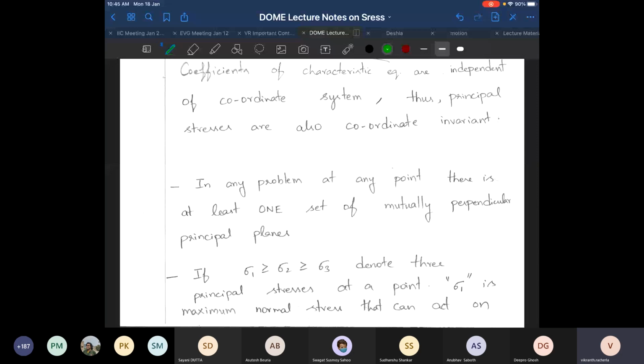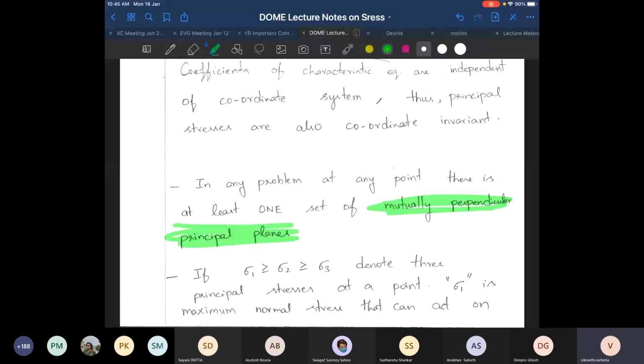Now, one important point is principal stresses are unique. There are three principal stresses, but the principal planes need not be unique. There is a minimum of three mutually perpendicular principal planes, at least one set, but you can have many of them. For example, if you have pure hydrostatic stress, how many principal planes will there be?